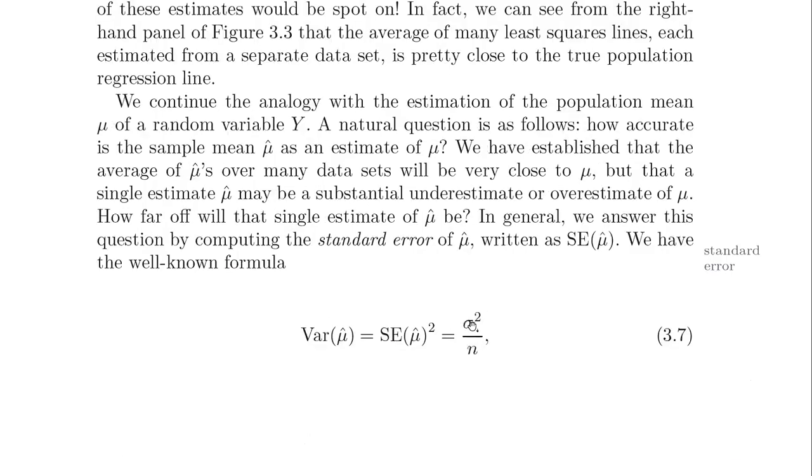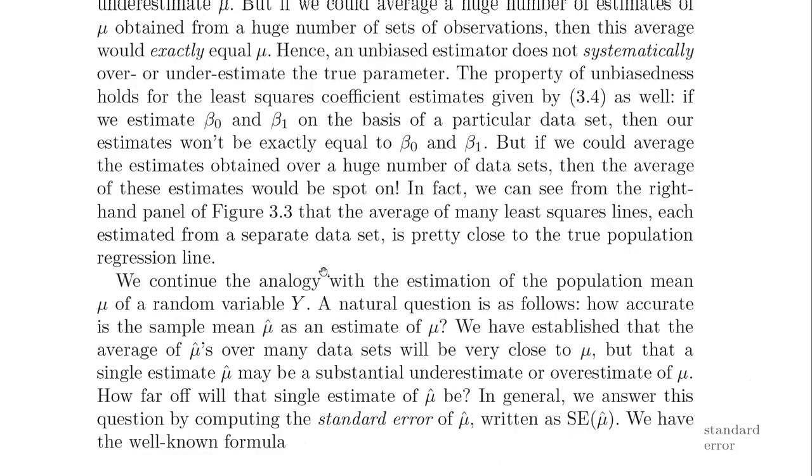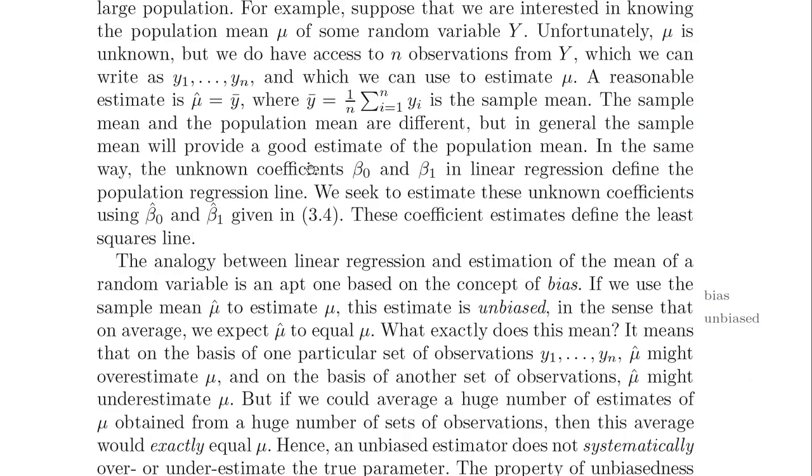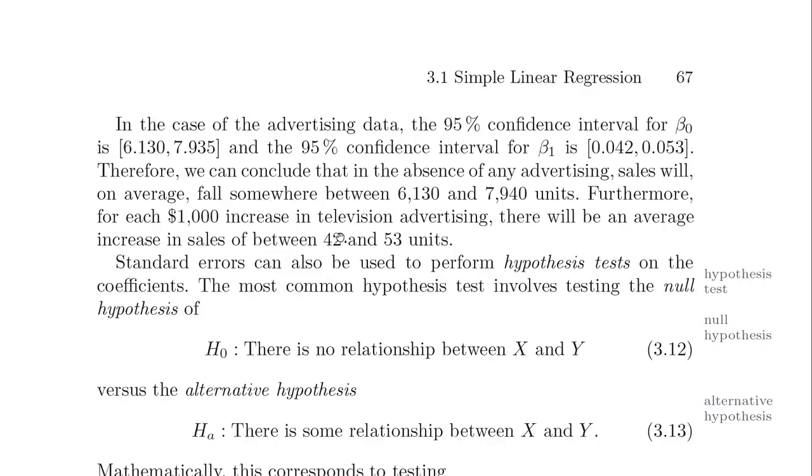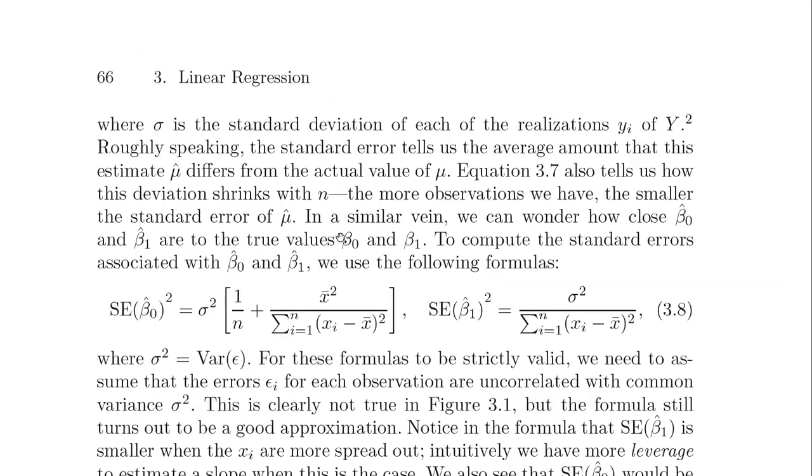This sigma is just the variability in your raw data, where you're only looking at y's, y1 up to yn. In linear regression, the sigma is the variance of the error term. And you wouldn't know the error term in practice.